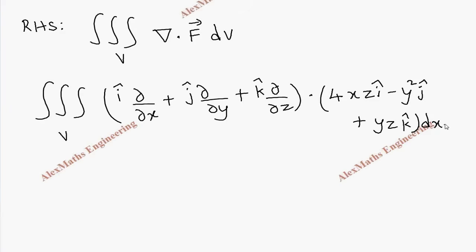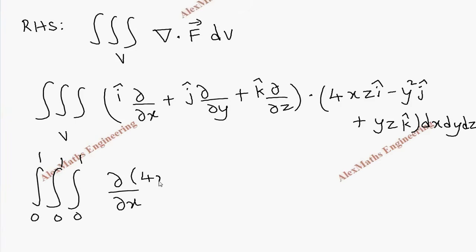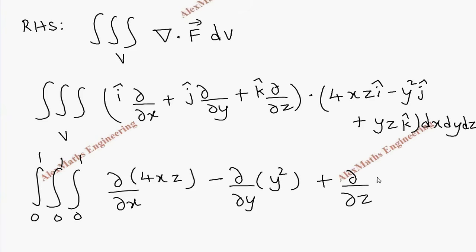dv is dx dy dz, and in the cube we have all the limits of x, y, z from 0 to 1. So everything is 0 to 1, and if we do the dot product, we get dou by dou x of 4xz, then minus dou by dou y of y square, and the last is dou by dou z of yz, and at the end we have dx, dy, dz.